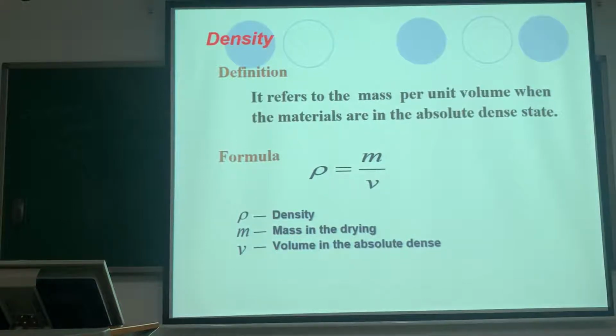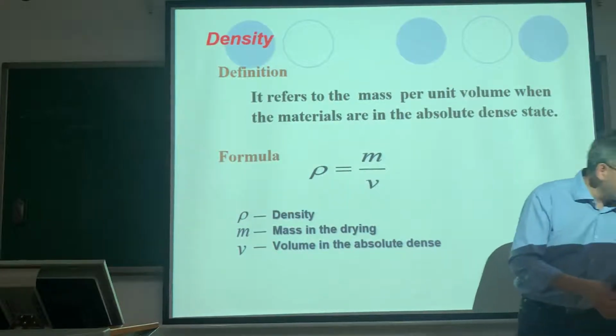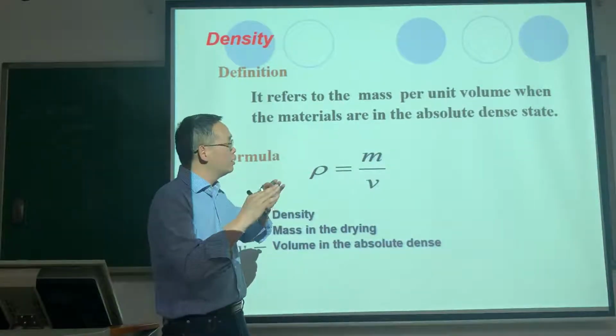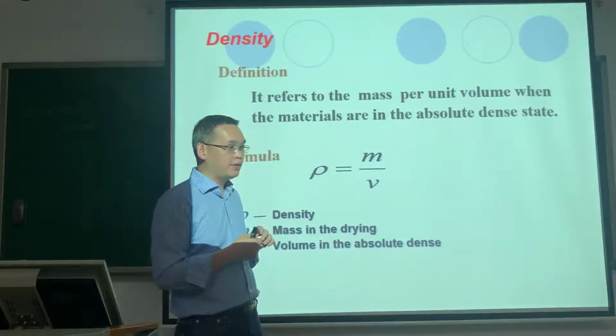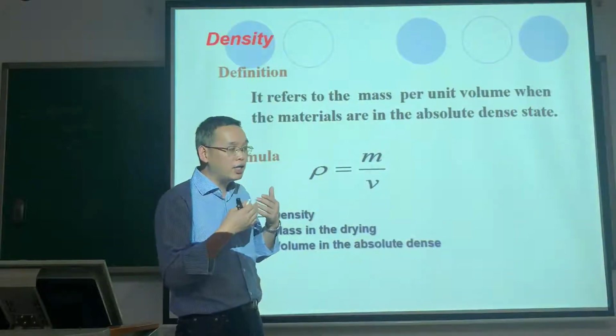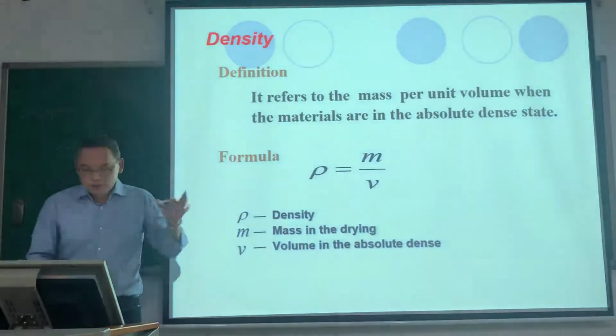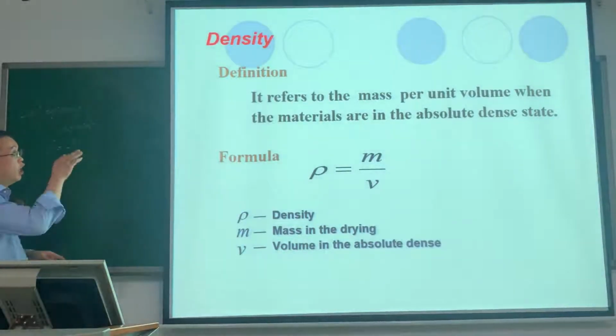Maybe just something like diamond. So in nature, most materials are not in the absolute dense state, especially our construction materials. So this is the first point about density.